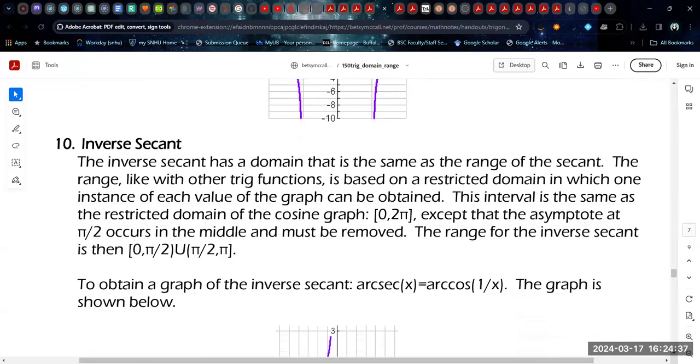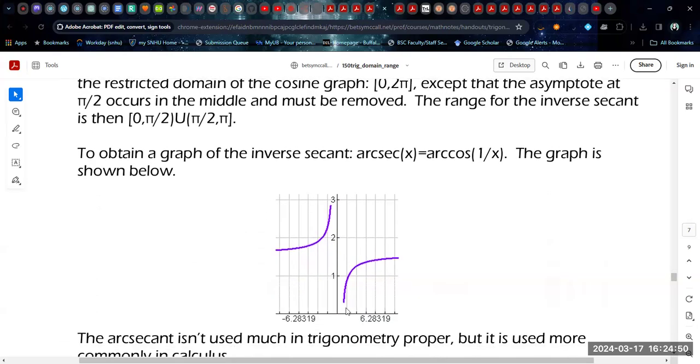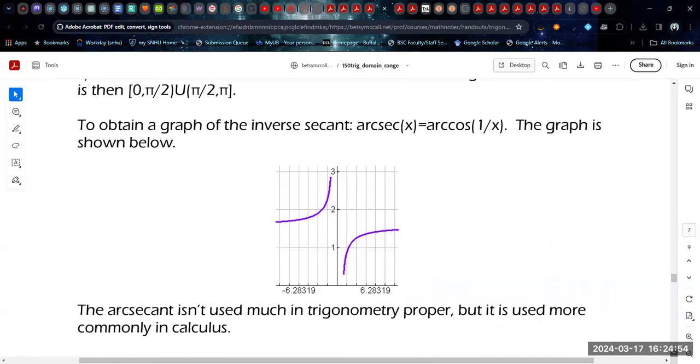But again, if you're trying to graph the inverse secant function, you're going to have to use the arc cosine or the inverse cosine of 1 over the argument in order to get it. And so you'll get this graph. And again, notice there is an asymptote in the middle here.